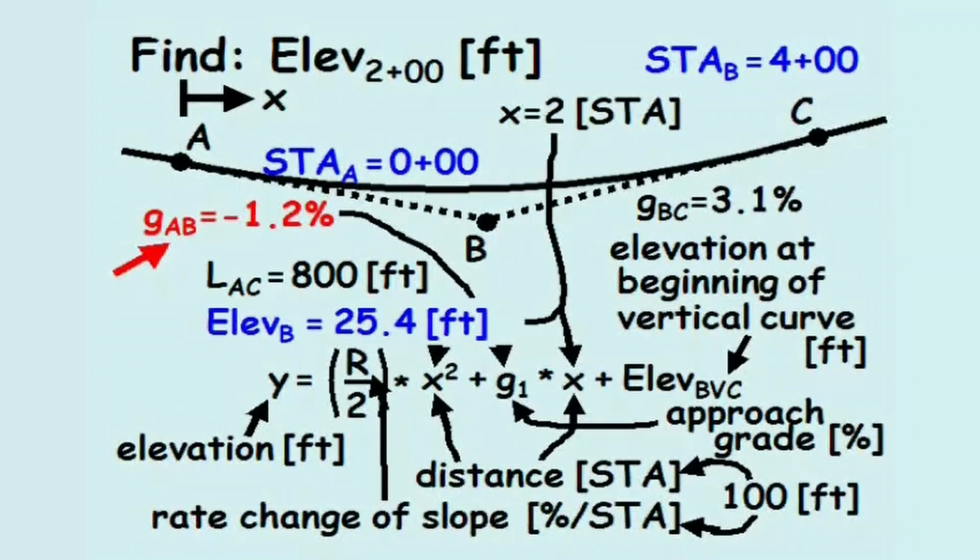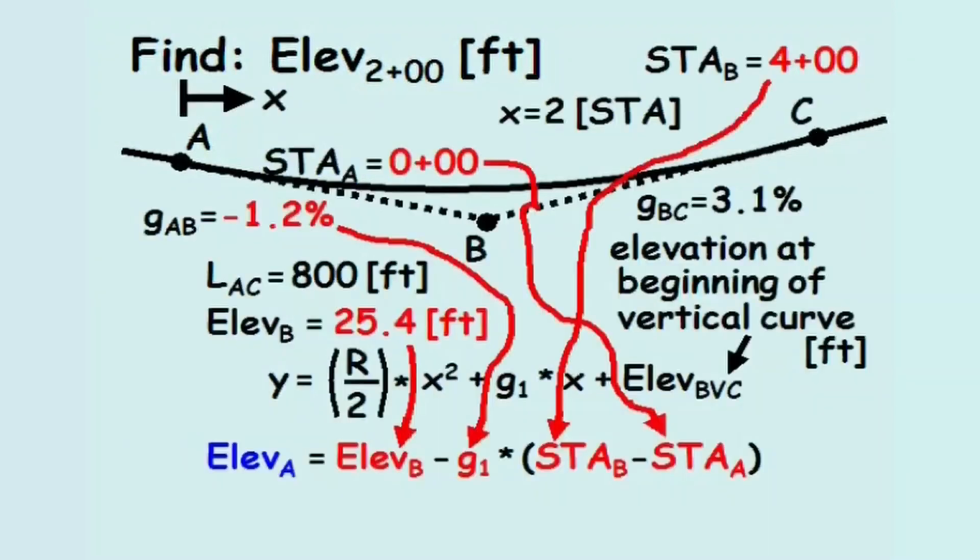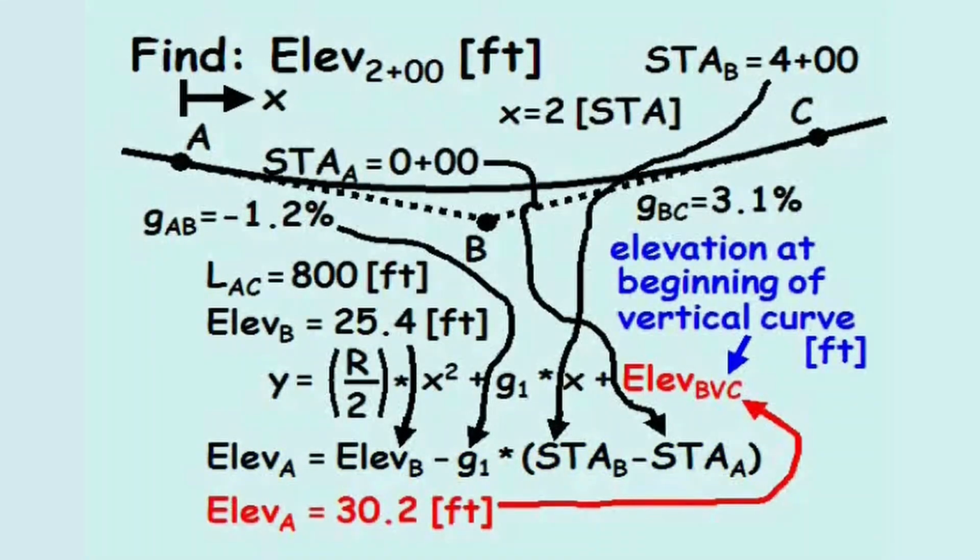The elevation at point A equals the elevation at point B minus the grade times the difference in stationing between points A and B. After plugging in the appropriate variables, the elevation at point A equals 30.2 feet, which we will equate to the elevation BVC.